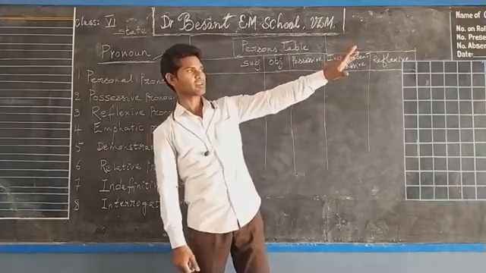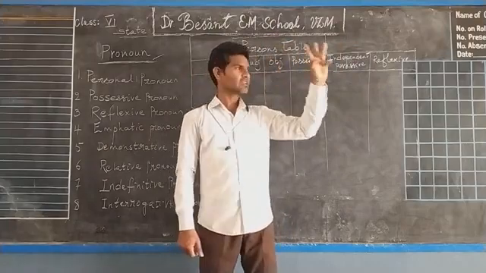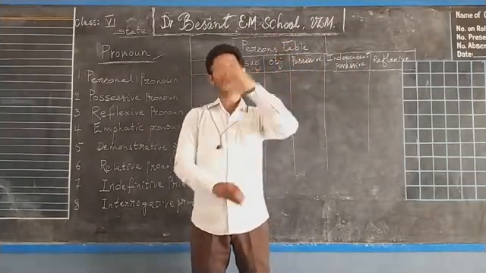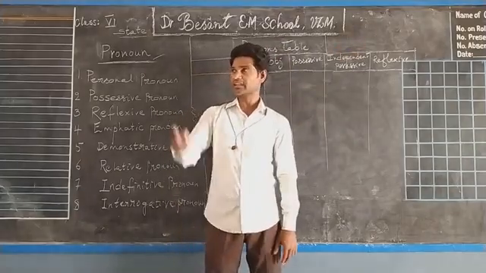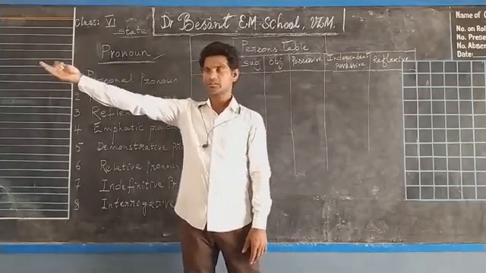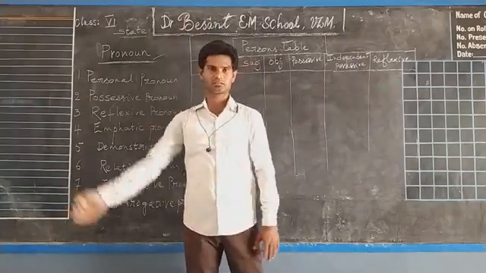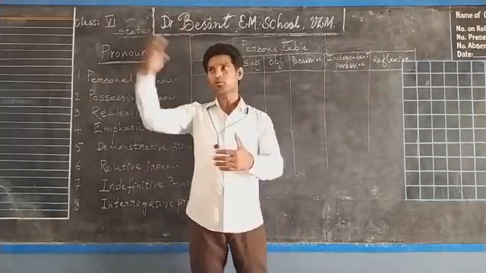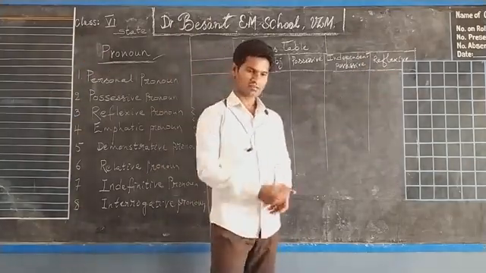Whereas third person singular numbers are he, she, it. The plural form of he, she, it is they. They means the teachers, the laborers, the technicians, the workers, the gardeners, something plural. First person, second person, third person.